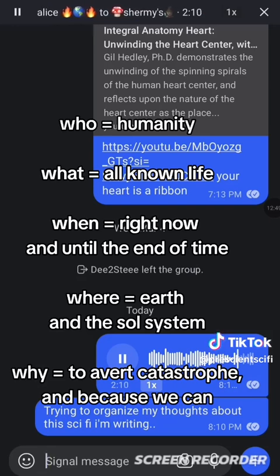So that is a potential living world, a biosphere that would, I think, support life very well.